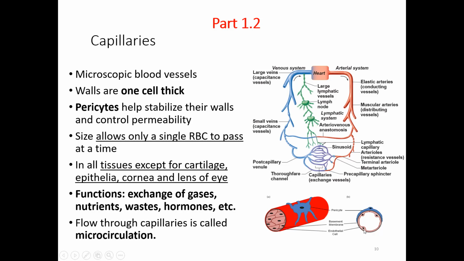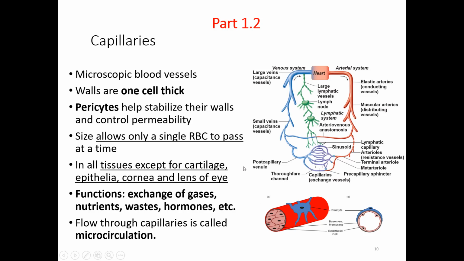That would be simple squamous epithelium. On the outside, there is a special type of cells called pericytes that keep those walls stabilized and control their permeability. Their size is very small, so only one red blood cell can go through those capillaries at a time.